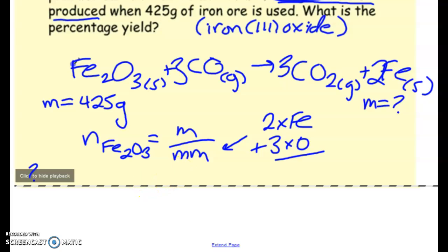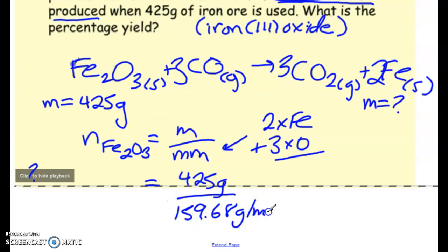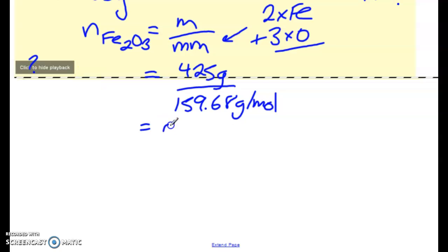So we're going to have 425 grams over 159.68 grams per mole. So 425 divided by that, we get 2.6616 moles, and that's for iron oxide.